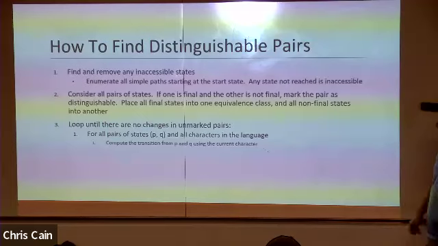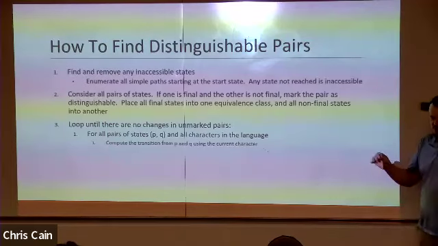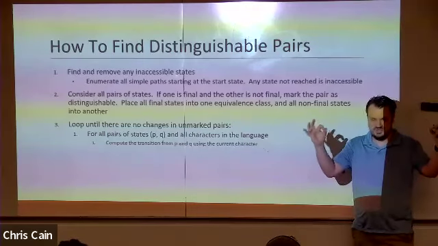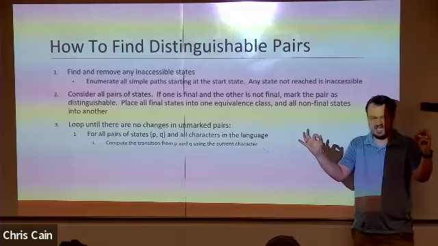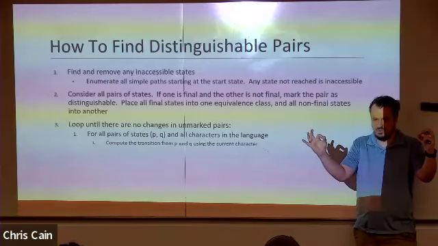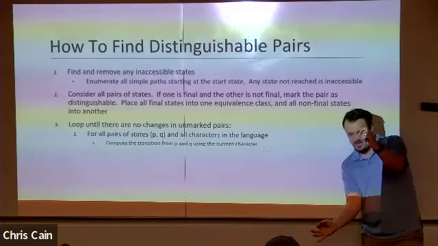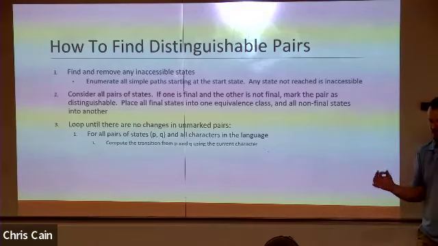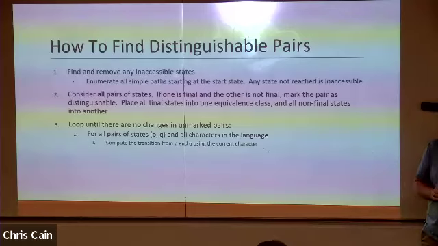So we're going to compute the transition from P and Q using the current character. So instead of being in one state, you can kind of think of yourselves in 2 states at the same time. Then you make that transition on that character and you find out where do you go. And then you're going to look at where we went. What's the finality of the destination for both of those?